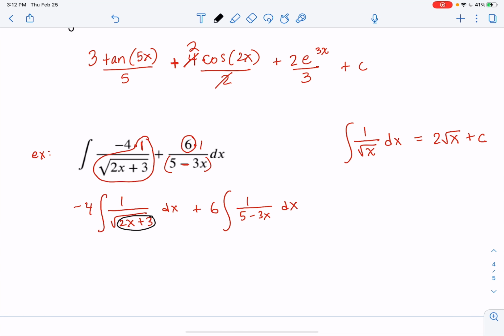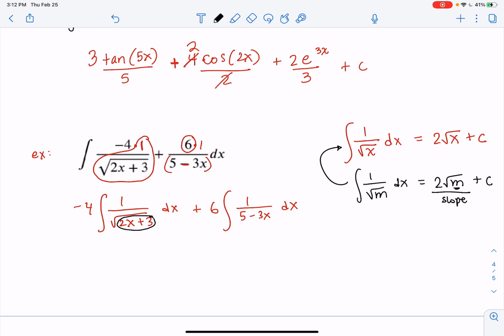If you could just for a second ignore that it says 2x plus 3 and instead imagine that it says monkey. Then we can use something really similar to this rule, and it would be 2 root monkey plus c. But since monkey is a line, we will divide by the slope of that monkey.